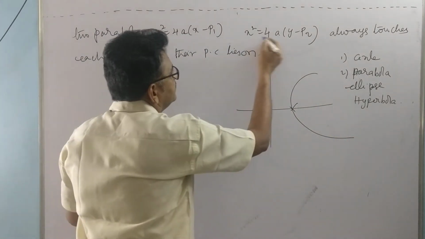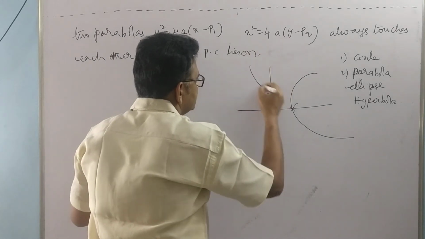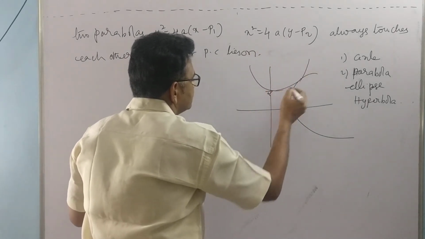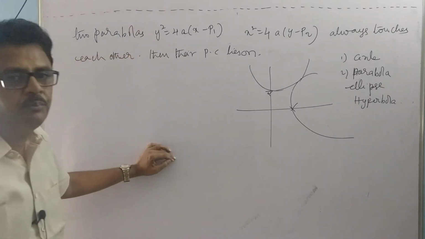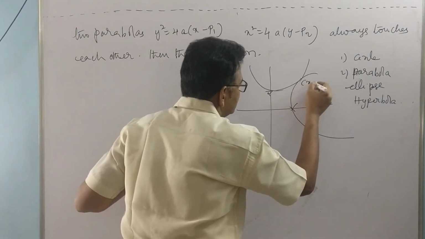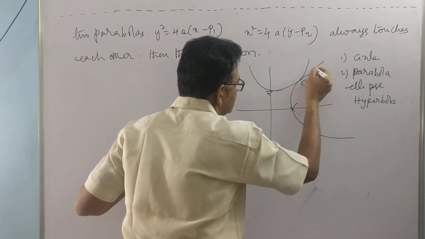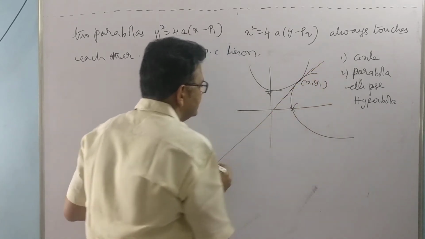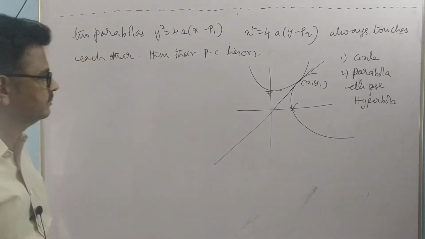The second parabola has vertex (0, p2). These two touch each other. Let the point of contact be (x1, y1). This is the common tangent.